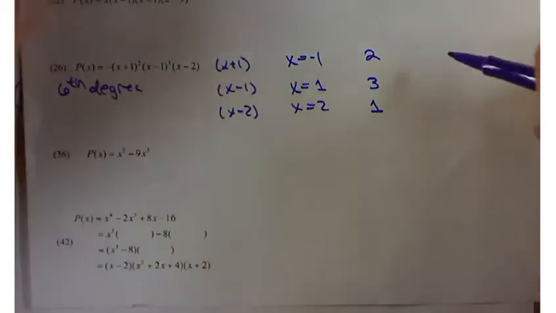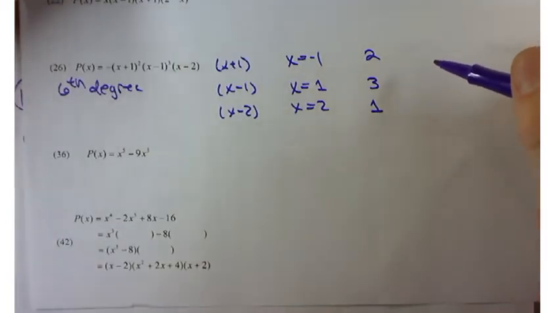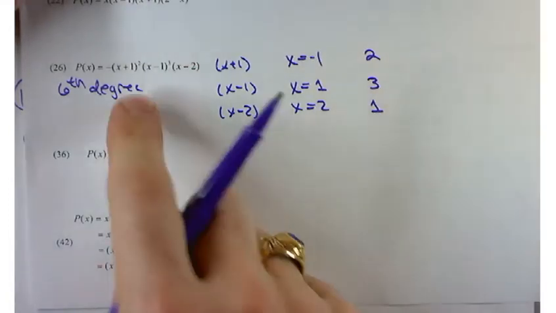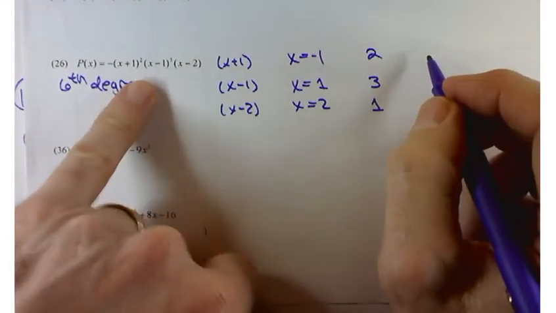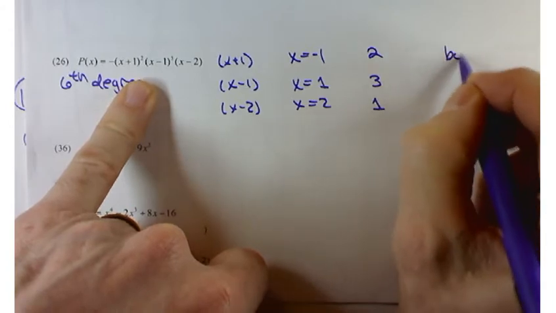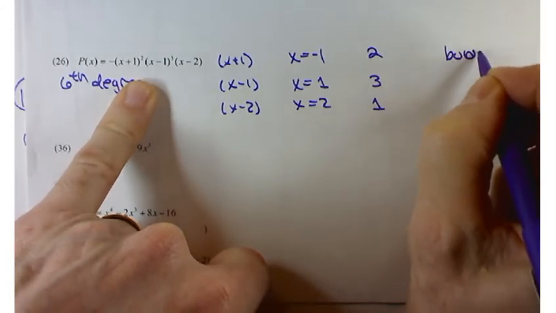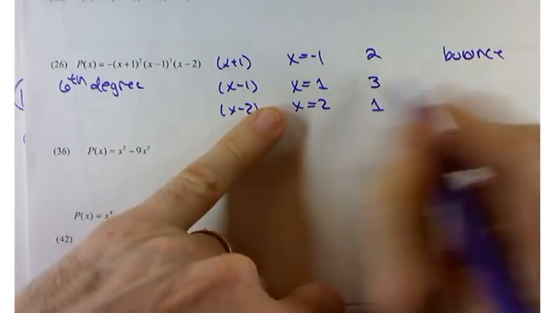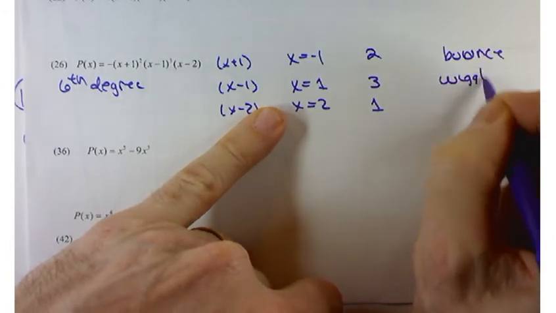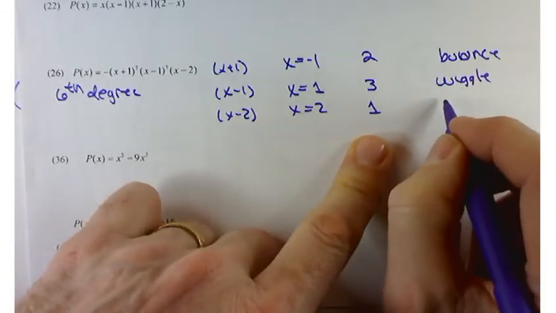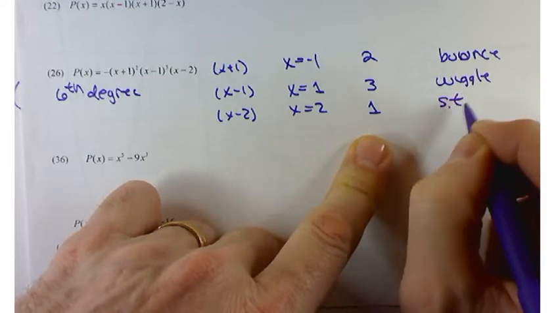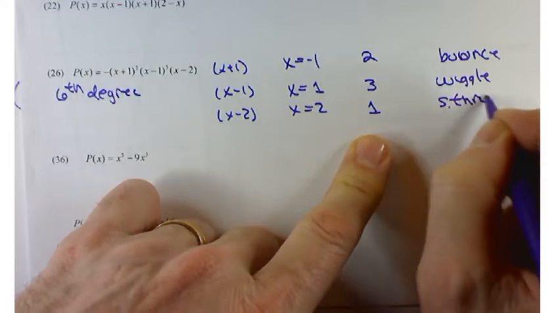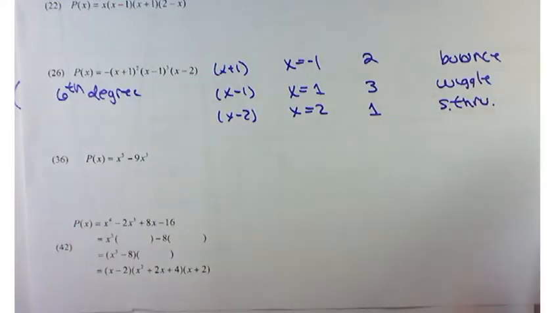Let's look at the behavior of the function near these roots. So the behavior near these roots, well, that's going to be a bounce, and then a wiggle. What's the last one? Straight through. All right.